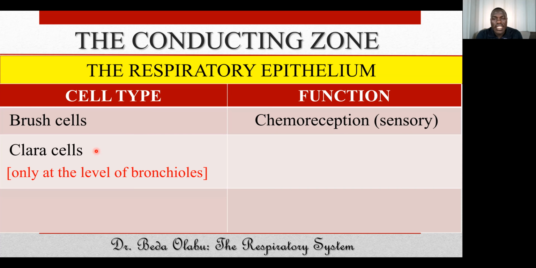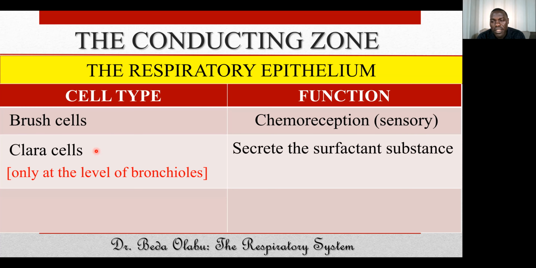We don't find Clara cells in any other region in the airway apart from the bronchioles. All the other cells I've talked about are found all over in the airways, but the Clara cells are limited to the bronchioles. So you don't find them in the trachea, you don't find them in the nasal cavity.